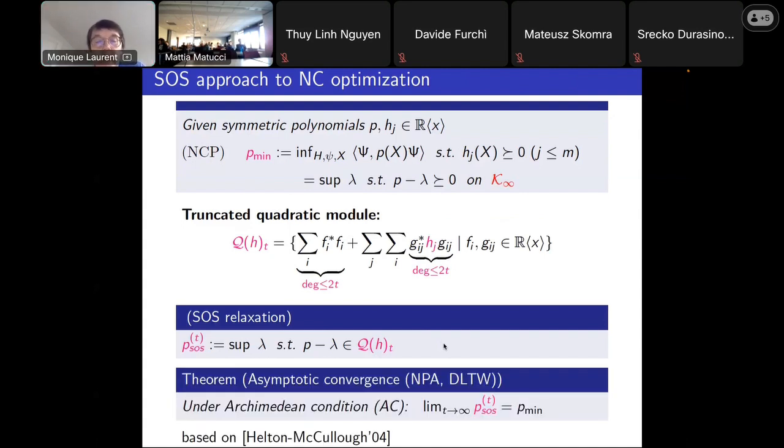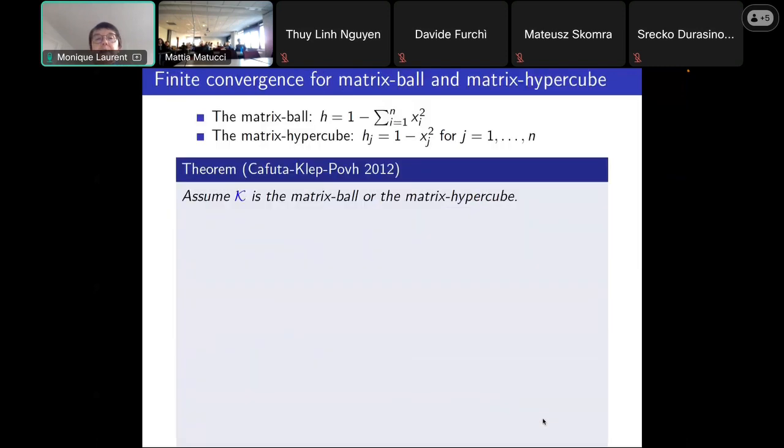And as a consequence, for instance, of the result of Helton-McCullough, which I saw before, under the Archimedean conditions, these sums of squares bounds converge asymptotically to the minimum of P. So this is the very exact analog of what was happening in the commutative case.